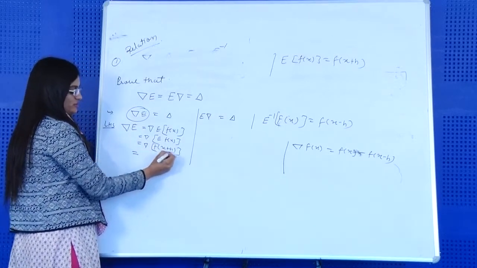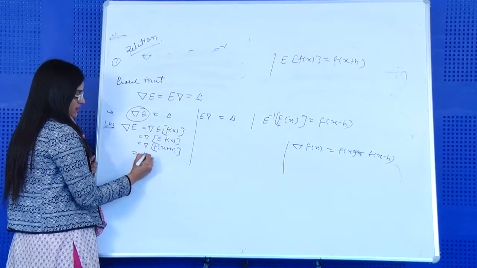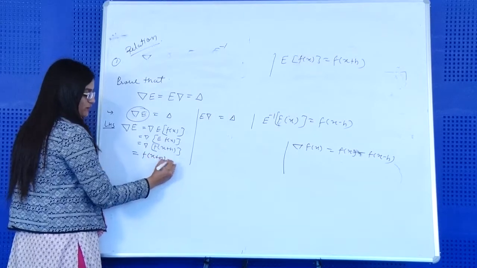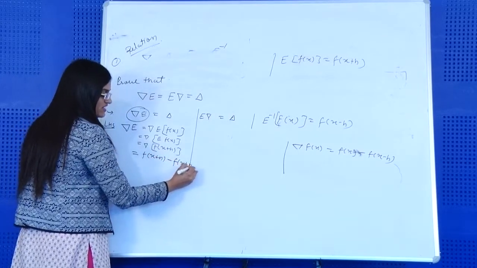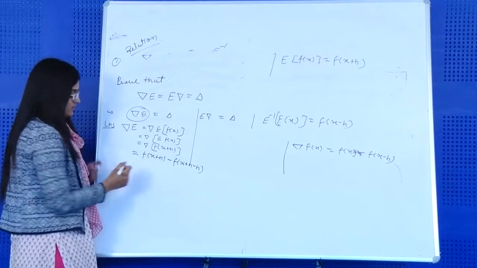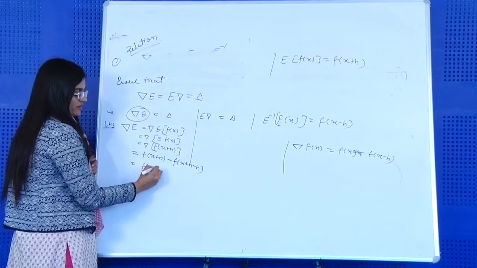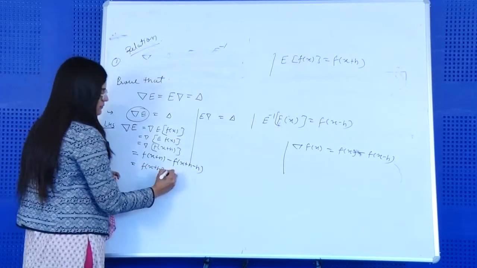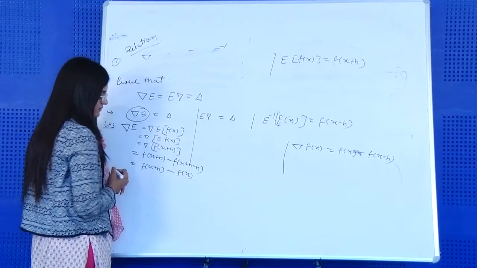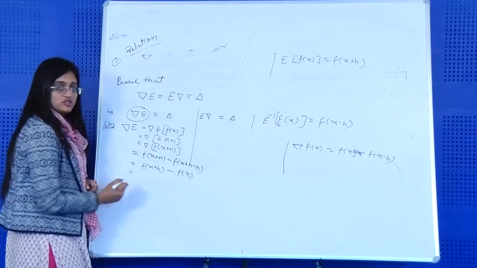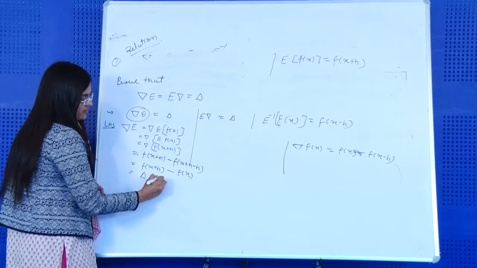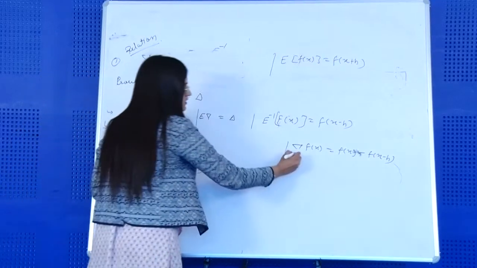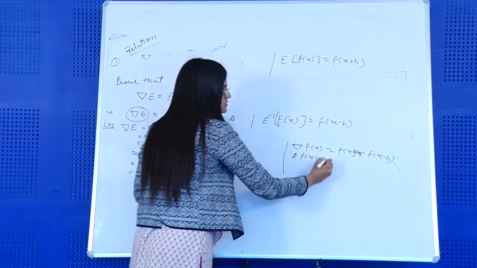So nabla of f of x plus h is f of x plus h minus f of x plus h minus h. This is f of x plus h minus f of x, and this is the definition of delta of f of x, because delta of f of x is what?